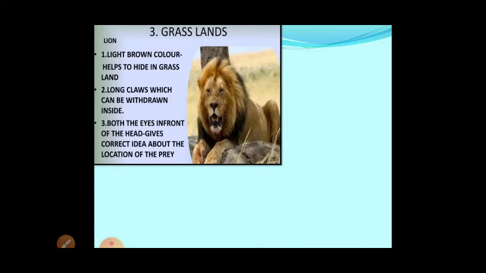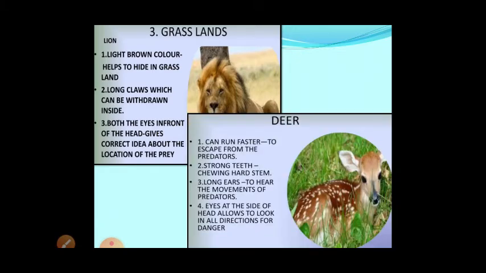And then if we observe the deer next, it can run fast, and it has strong teeth, as it is a herbivorous animal.